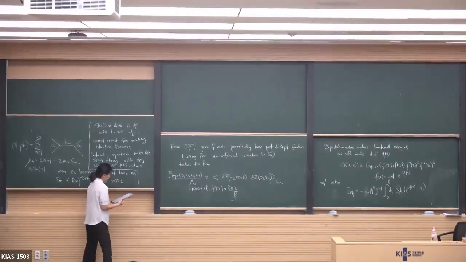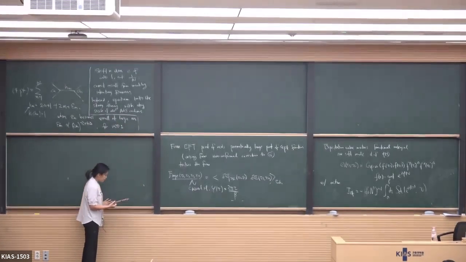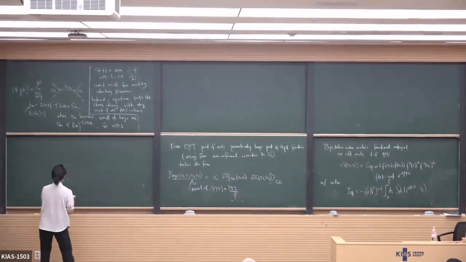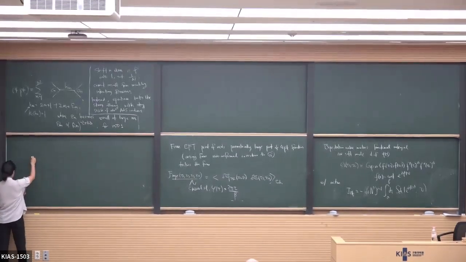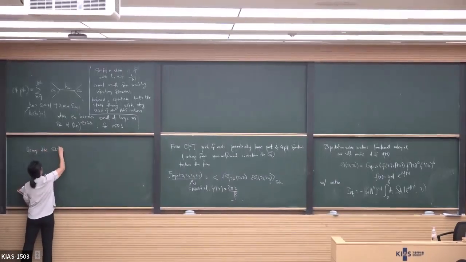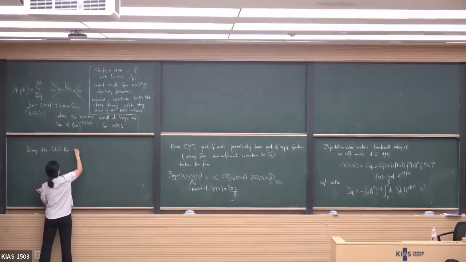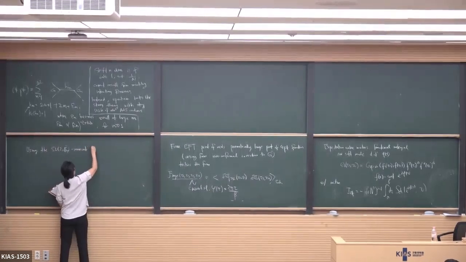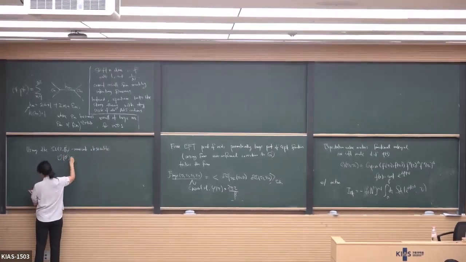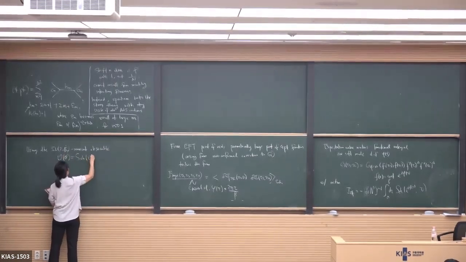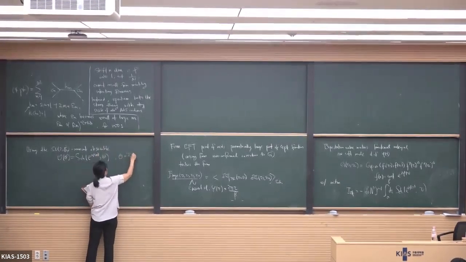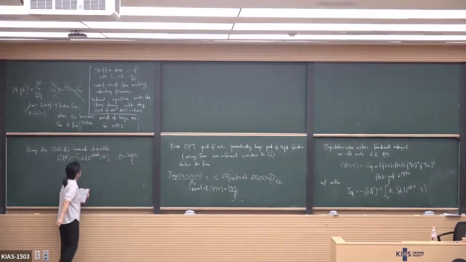To deal with that gauge symmetry, instead of phi itself, we can start out by defining an SL2R invariant version of the variable, an SL2R invariant observable, O of theta, which is the Schwartzian of e to the phi of theta. Here theta is 2 pi tau over beta.